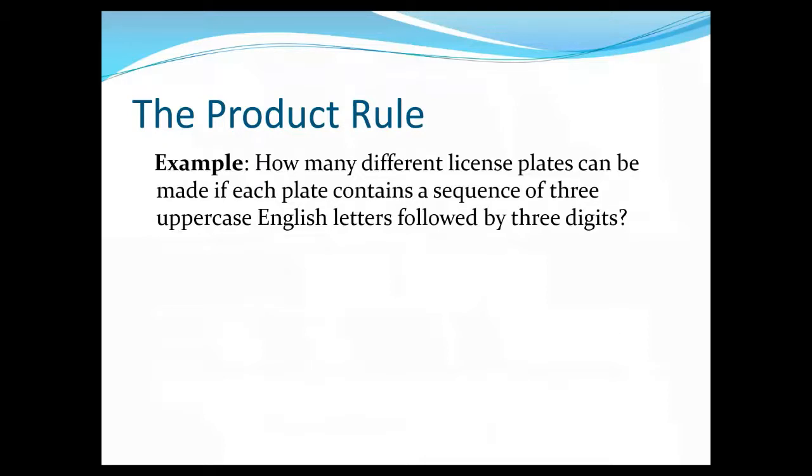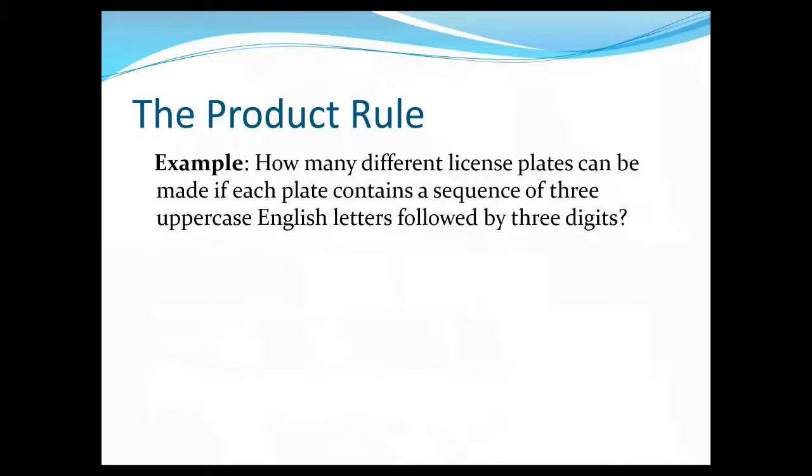We have 26. So we have 26 ways of representing each of the first 3 positions. And for the last 3 positions, how many integers do we have? 0 to 9, so we have 10. So we have 10 ways of representing each of the last 3 positions of the plate.